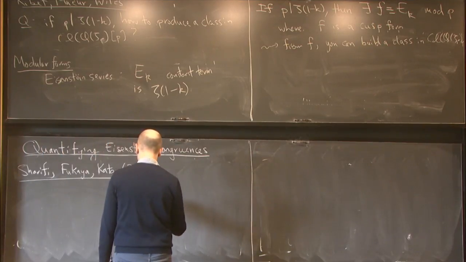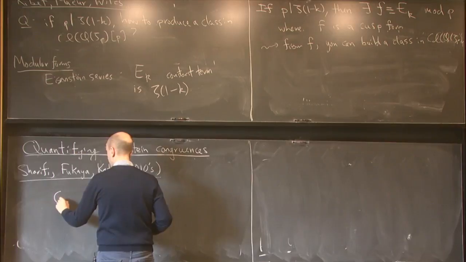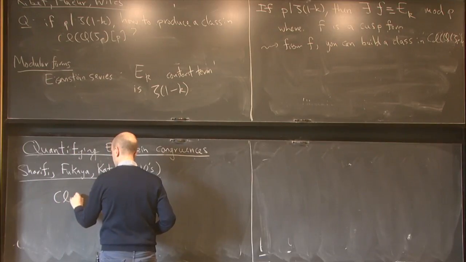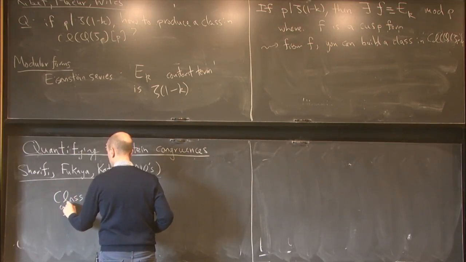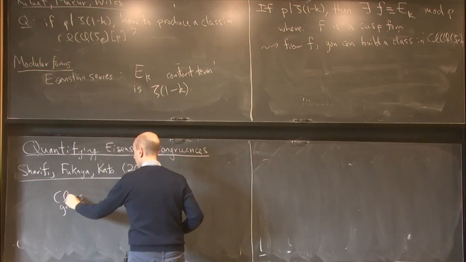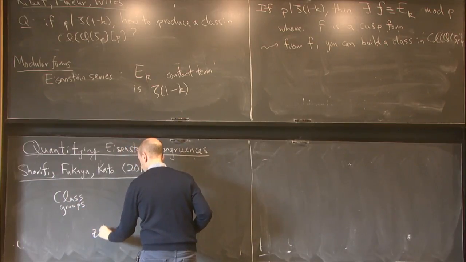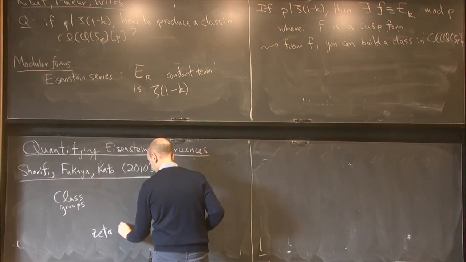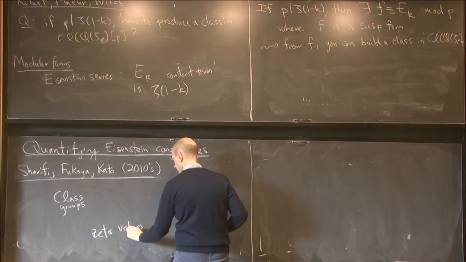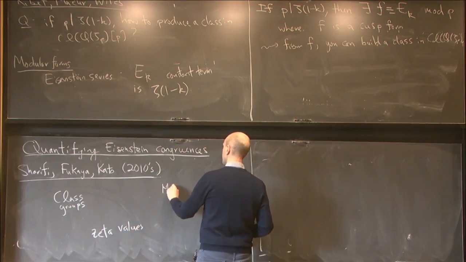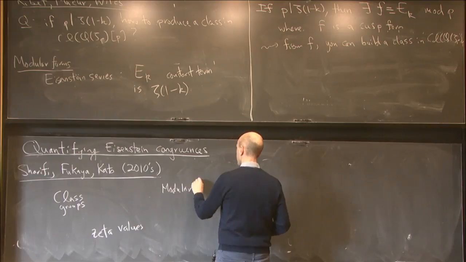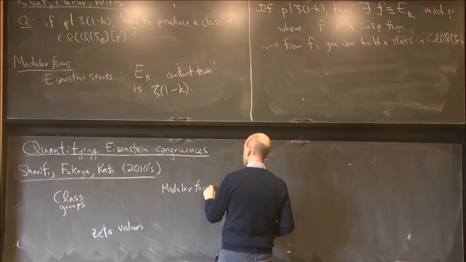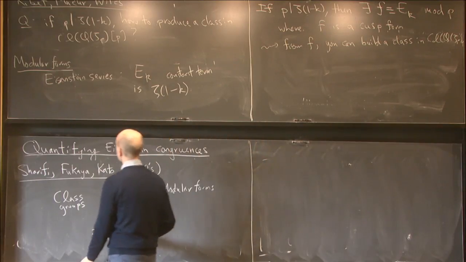So we have this sort of picture. We have class groups here, and we have zeta values here. Here, we have modular forms here. And these things are all related to each other.